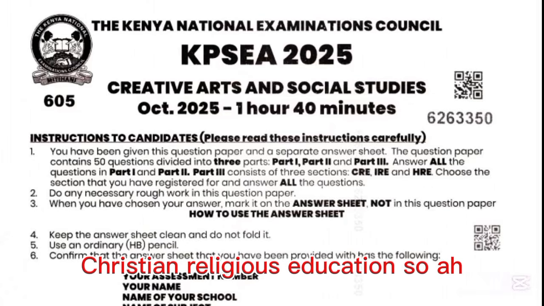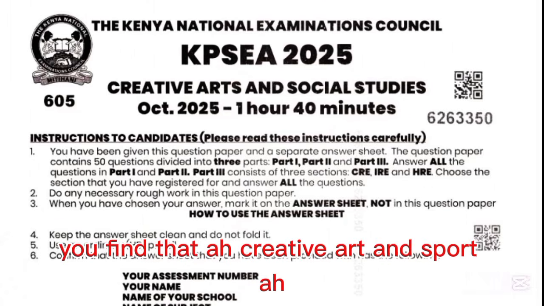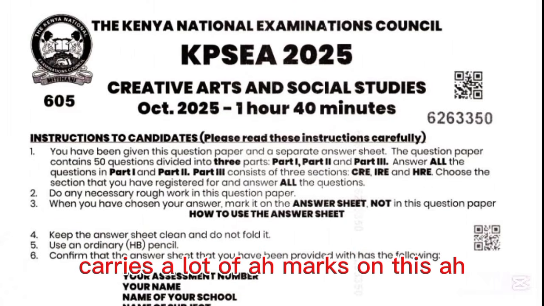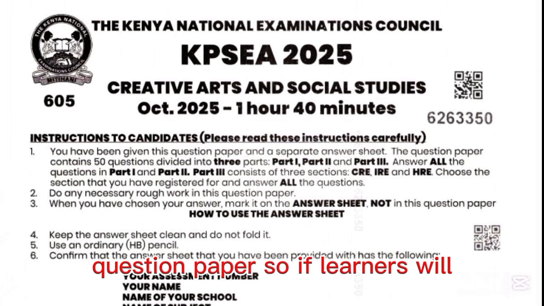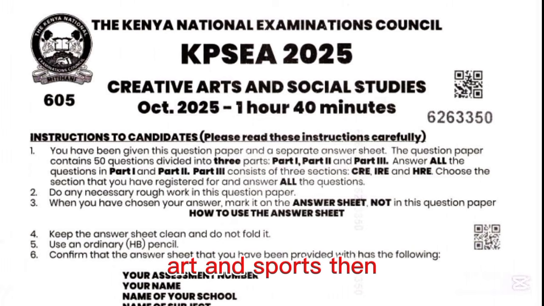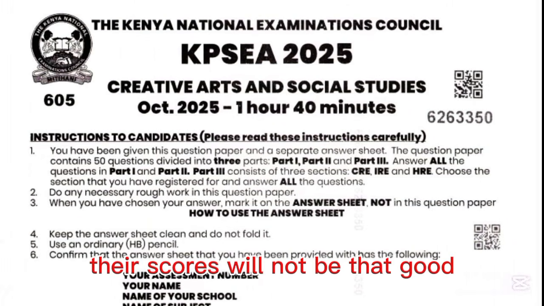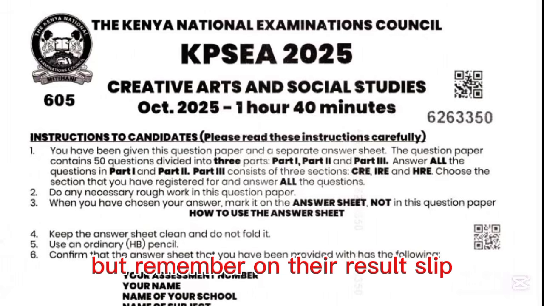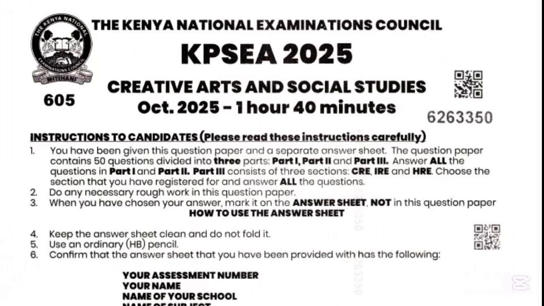So you find that creative art and sport carries a lot of marks on this question paper. So if learners do not perform well in this part, then their scores will not be that good. But remember, on their result slip, the part of creative art and sport is divided.